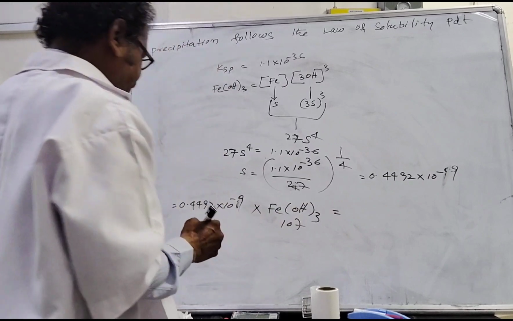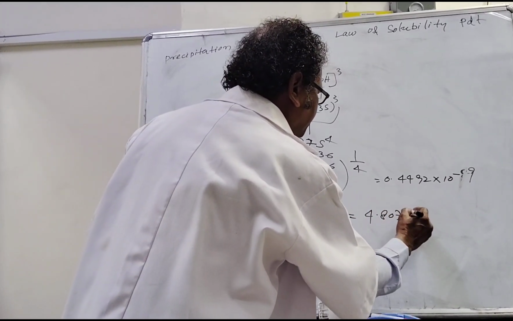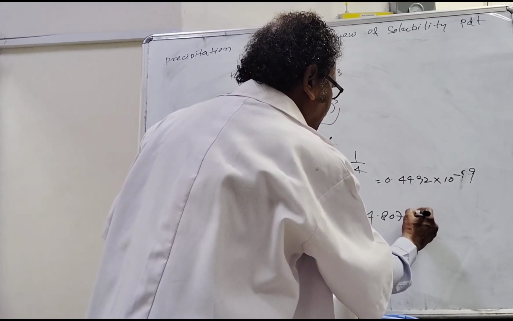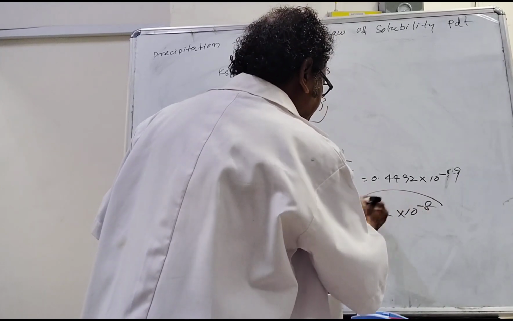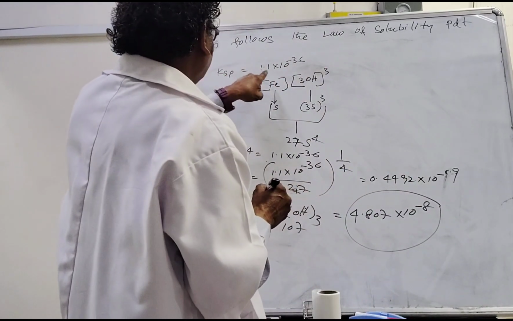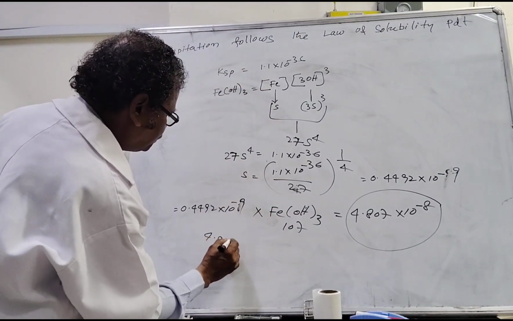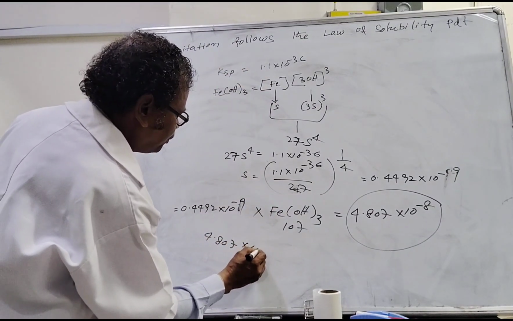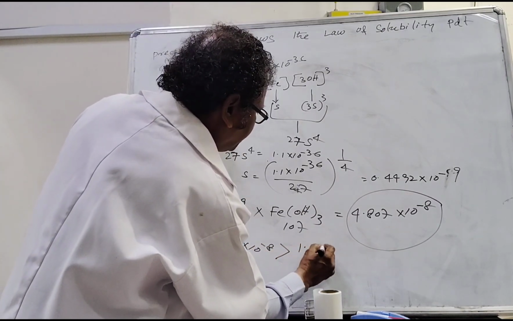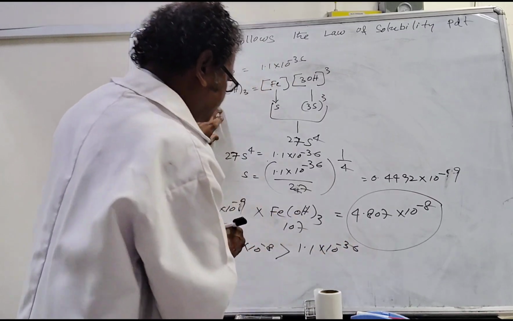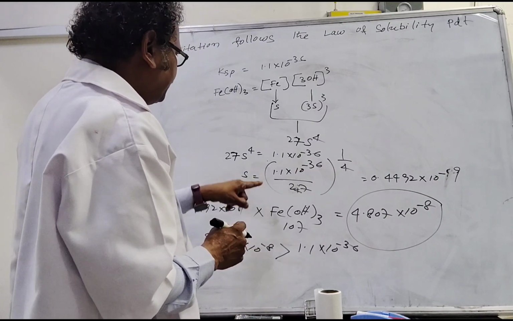It will give 4.807 into 10 to the power minus 8, which is greater than this value, 1.1 into 10 to the power minus 36. That's why there is a precipitation. Means it will precipitate.